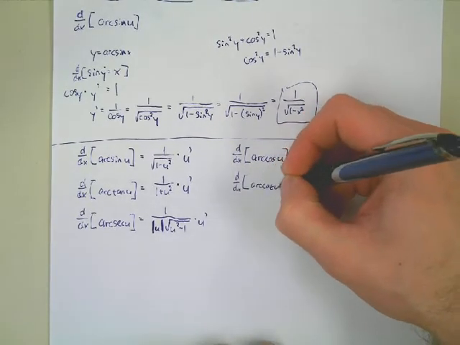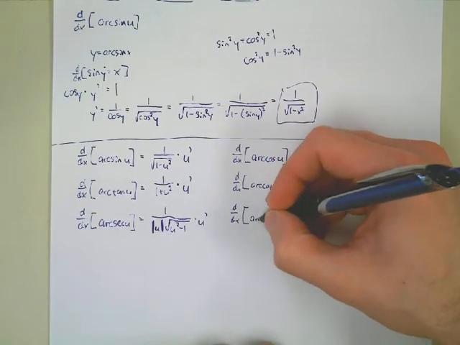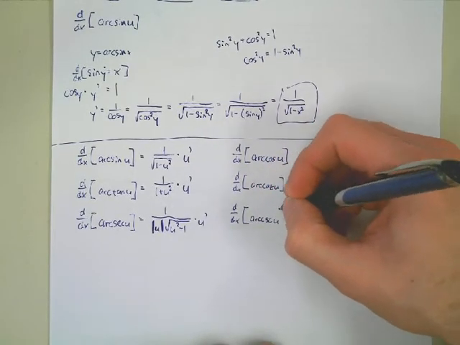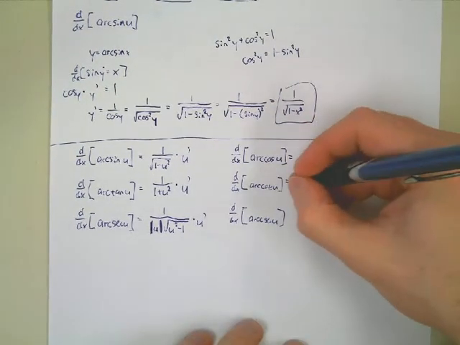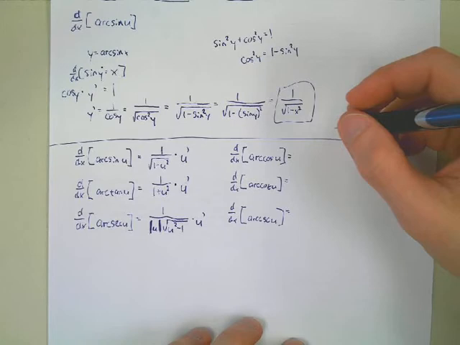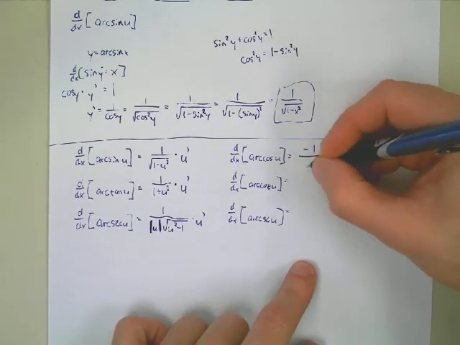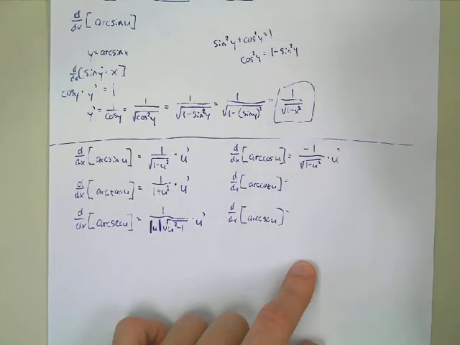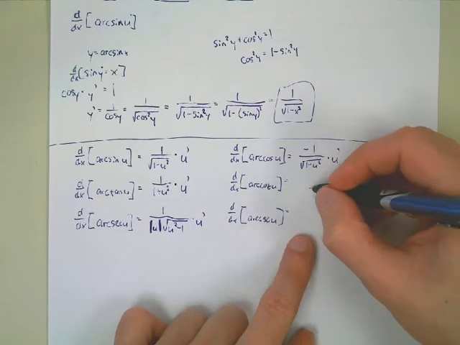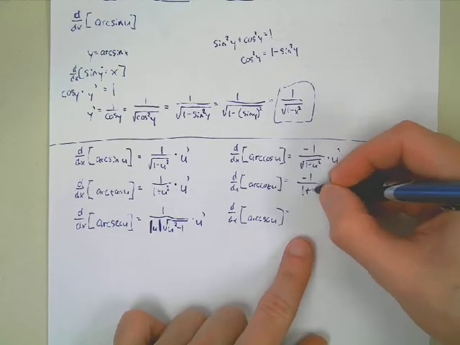The good news is, arc cosine is just negative 1 over the square root of 1 minus u squared times u prime. And arc cotangent, anyone want to guess what that one's going to be? Negative 1 over 1 plus u squared times u prime. And then arc cosecant is negative 1 over absolute value of u times the square root of u squared minus 1 times u prime.